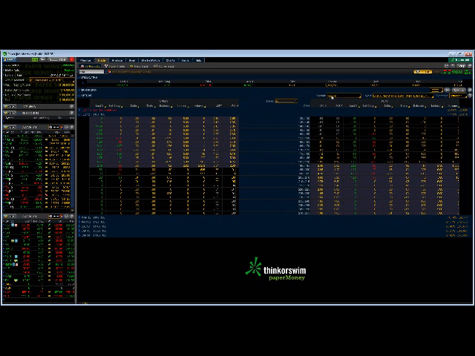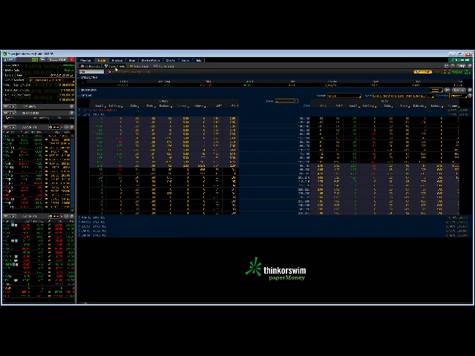I can click here the type of spread type that I want. You can see right here that I selected vertical, and then I sold a vertical. So if you buy a vertical, it's a debit spread. If you sell a vertical, it's a credit spread. Makes real sense, right? I'm going long, I'm buying, I'm going short, I'm selling.